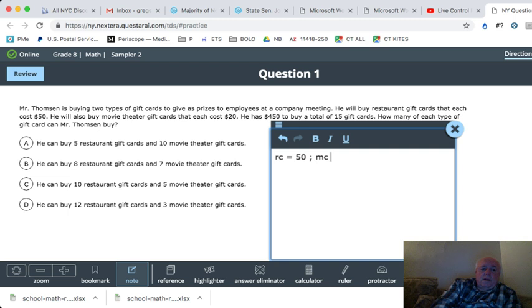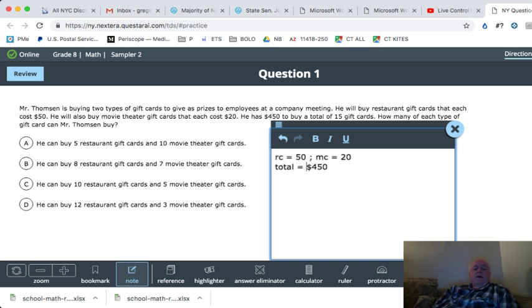A movie card is $20 each. Total money he has to do this with is $450.